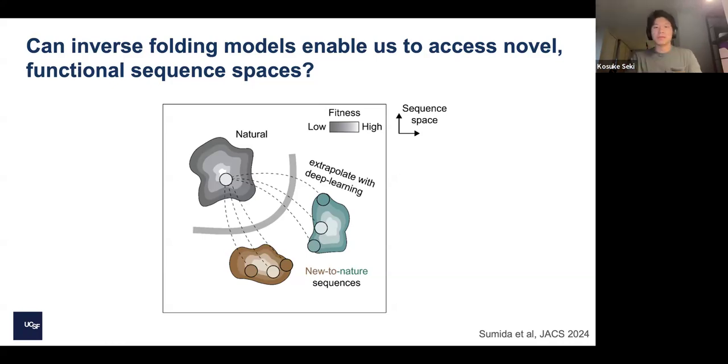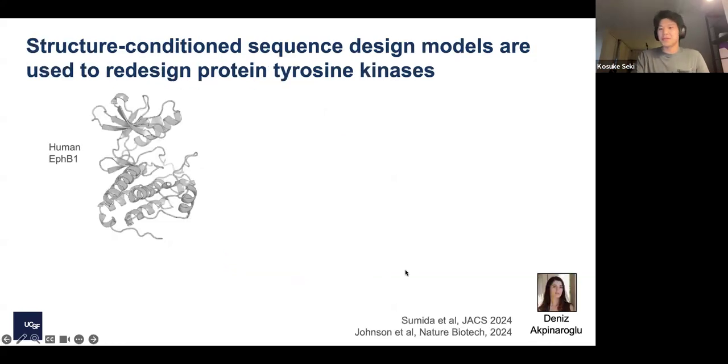So the first question is, can you even do that at all? What we did is I worked with one of my lab mates, Denise, who developed one of these programs called Frame2Seq, which also goes from structure to sequence. We first focused on the kinase domain of a receptor tyrosine kinase called EPHB1.